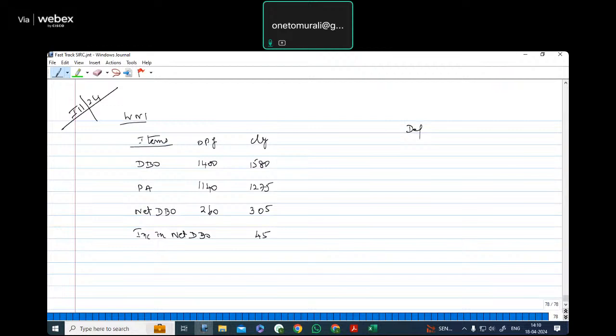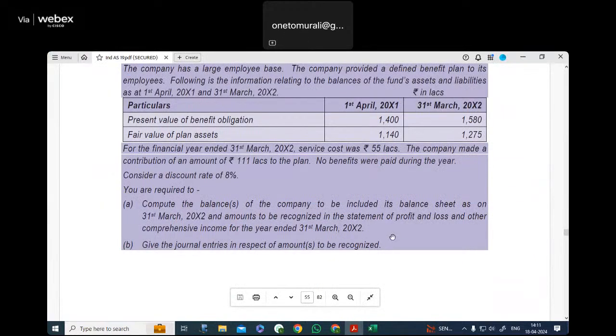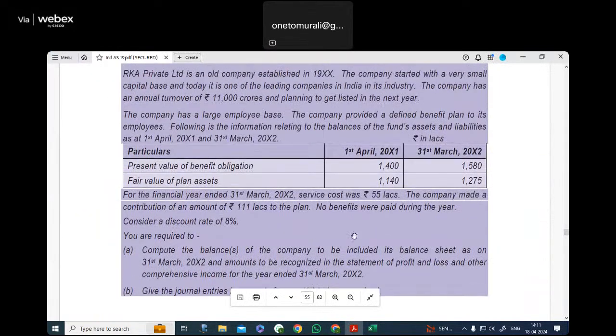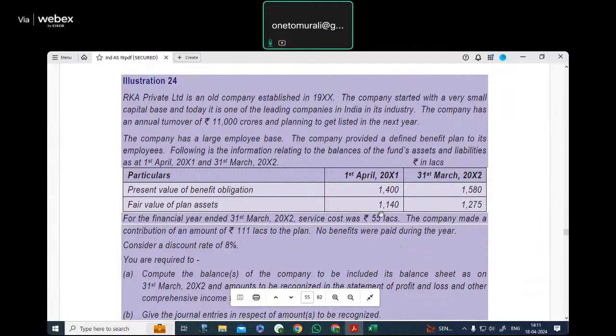We'll prepare the defined benefit obligation account: balance brought down 1400 and 1580. Then during the current year, the current service cost is taken at 55 lakhs.